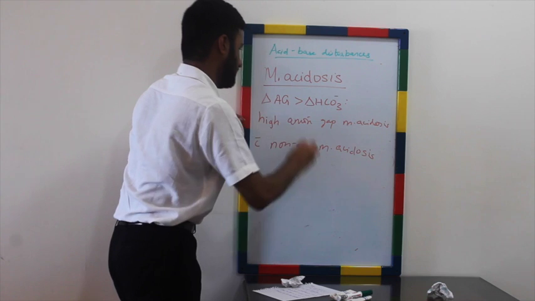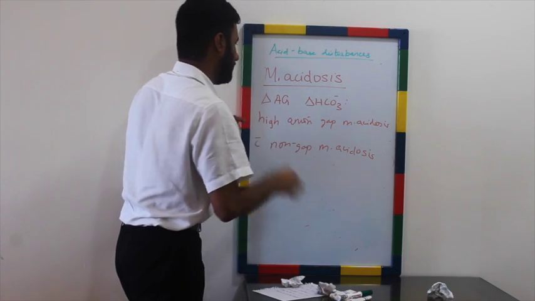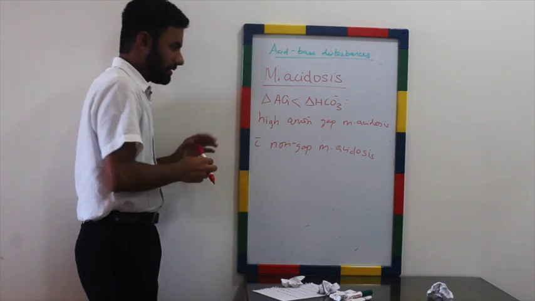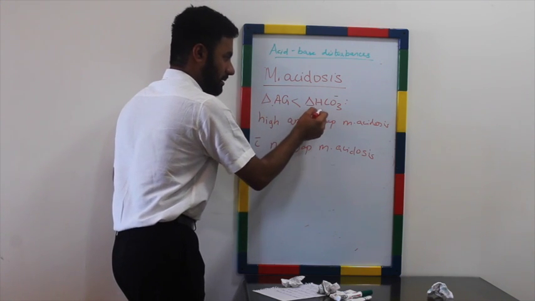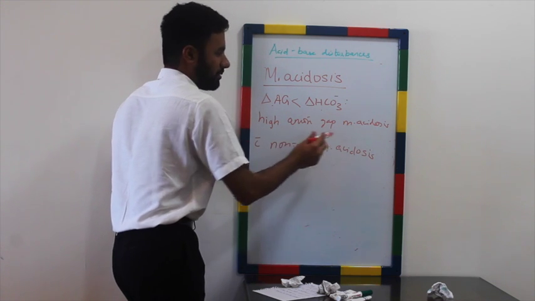I'm sorry, if the delta bicarbonate is greater than the delta anion gap. Very important. If the delta anion gap is less than the delta bicarbonate, it means that there is a high anion gap metabolic acidosis with a non-gap metabolic acidosis.